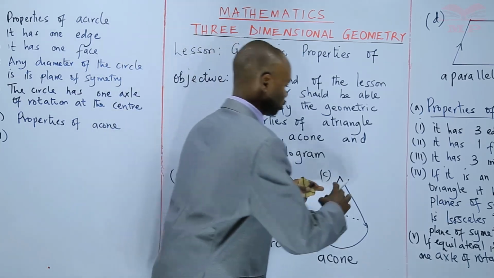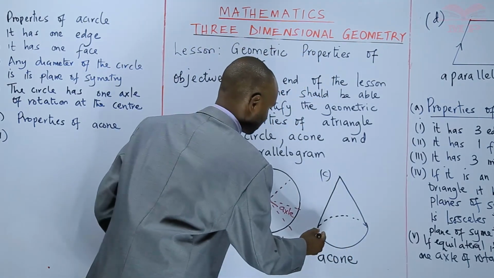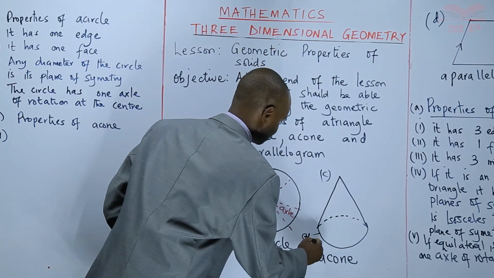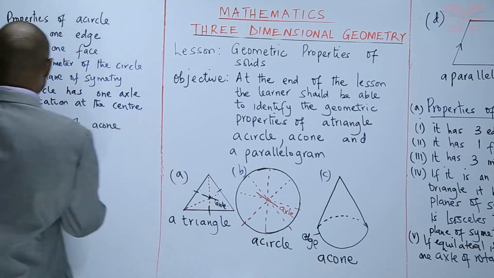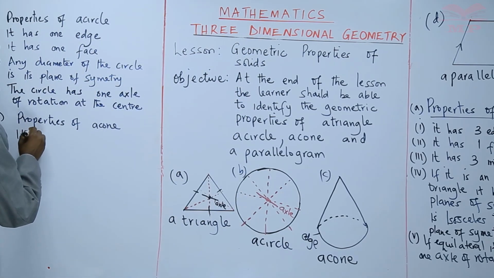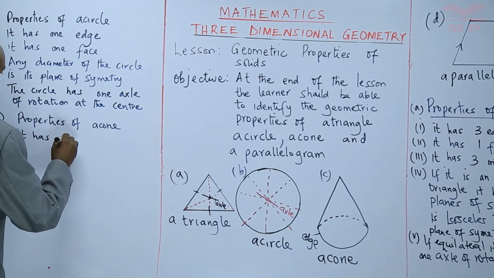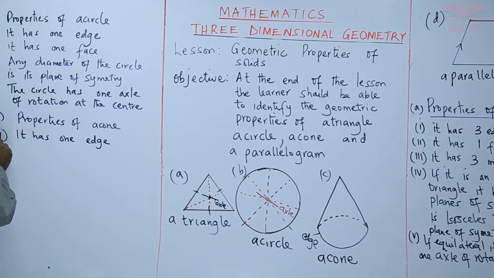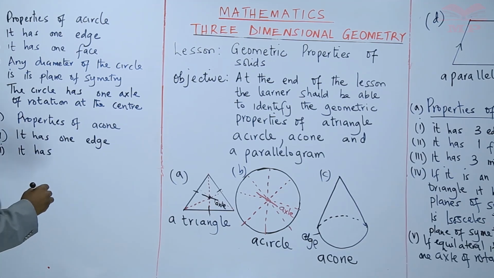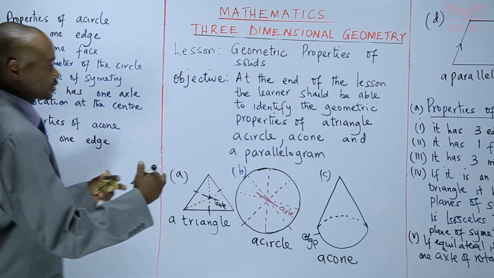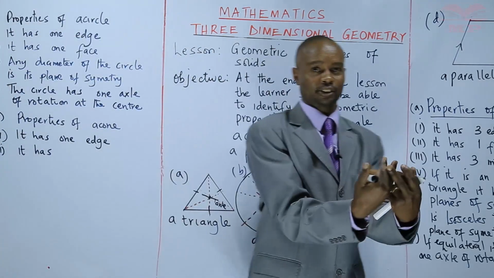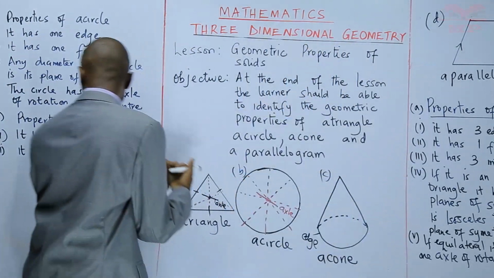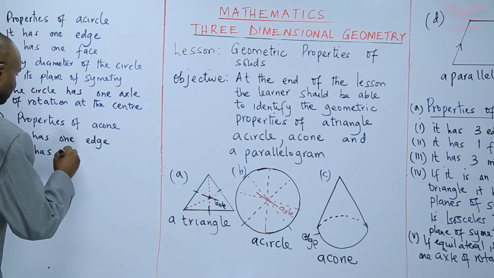So where those two faces meet will create one edge. So a cone has one edge and it has two faces.